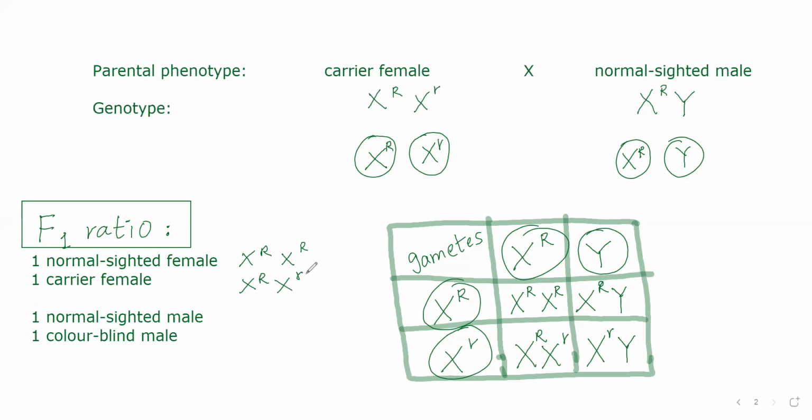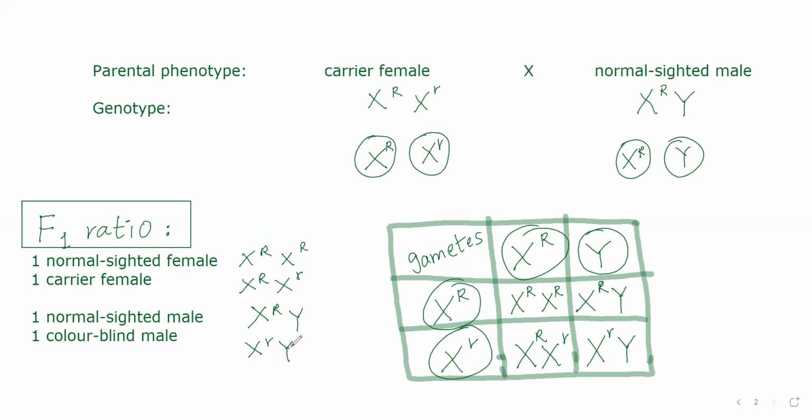Now go to males: no small r present, so this is my normal sighted male. Here small r is present, so this will be my color blind male.